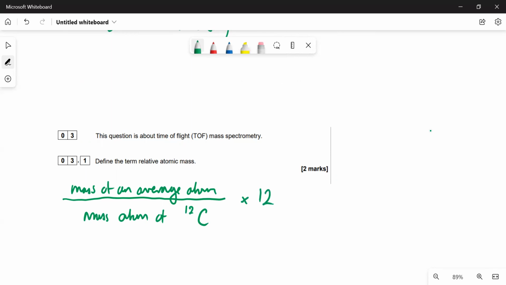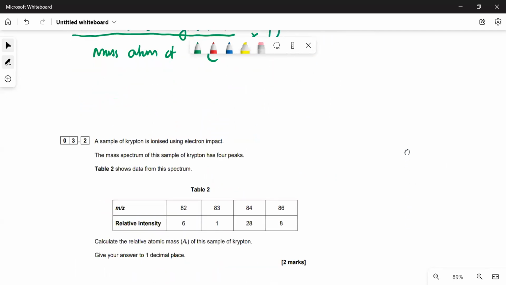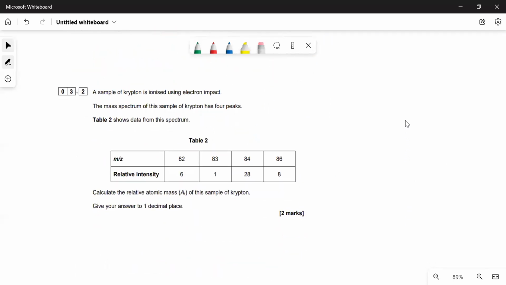There are several different definitions of that, but I find that one the easiest one. That's one I'd use.